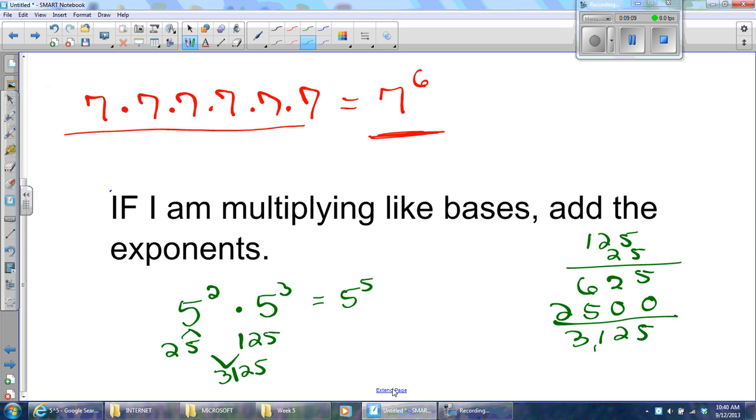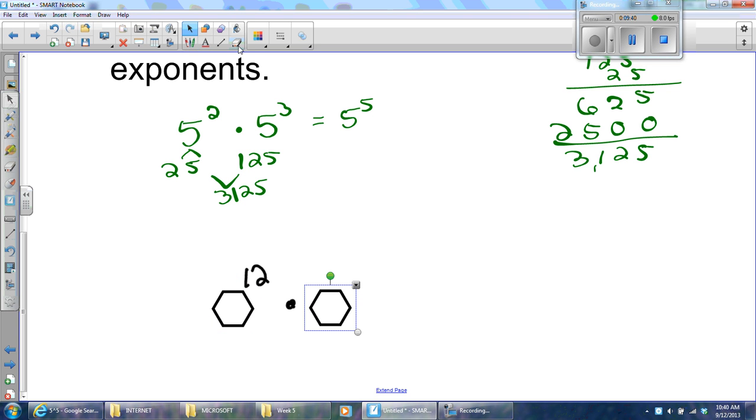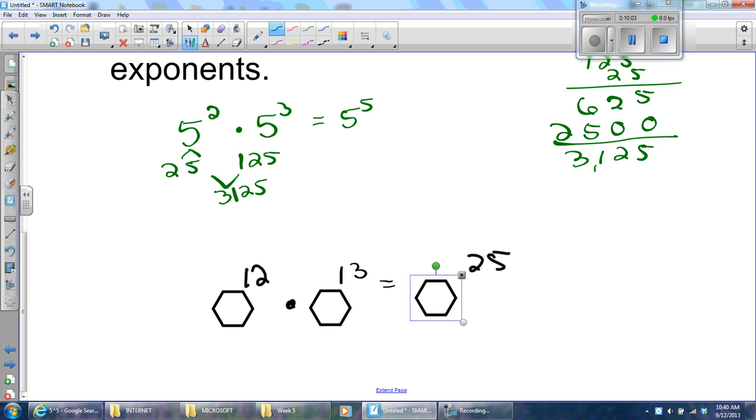If the bases are the same, like for example, let's say I had a hexagon to the 12th power, and I was multiplying it by a hexagon to the 13th power, that would be the same as a hexagon to the 25th power. 12 plus 13 is 25.